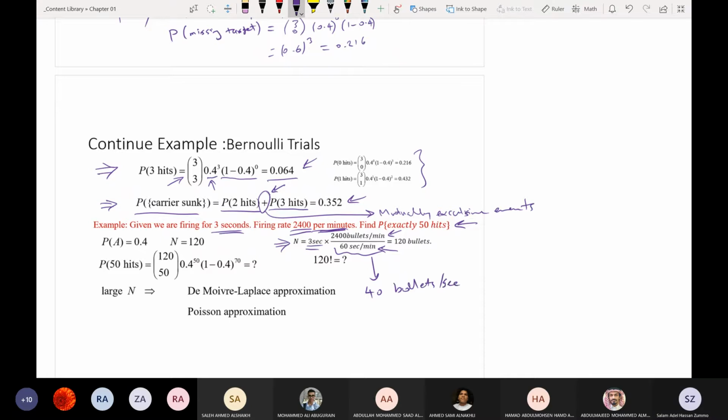Now, for 3 seconds, you keep firing for 3 seconds, then the number of bullets is 3 seconds multiplied by 40 bullets per second, which gives you 120 bullets. So in here, the number of times you fired is 120.